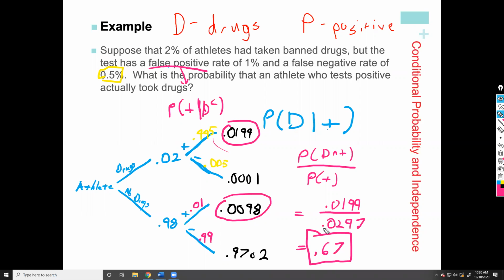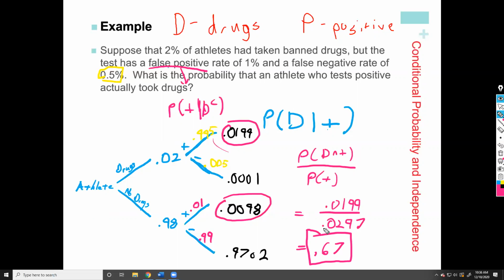And so good news and bad news here. The good news is that our test is more often than not detecting someone who actually took the drugs. The bad news is that it's also turning out a third of the athletes in our group that test positive didn't actually take the performance-enhancing drugs.